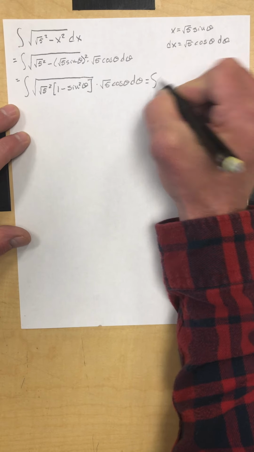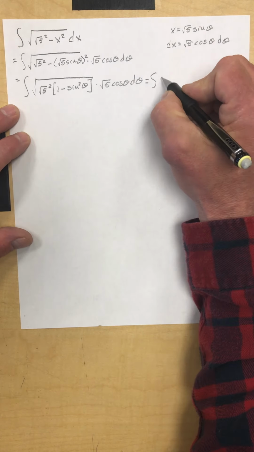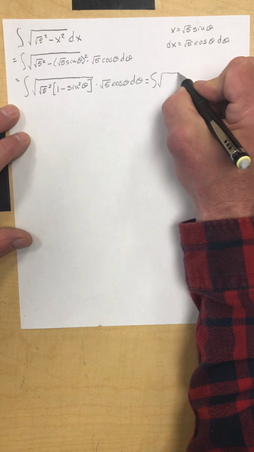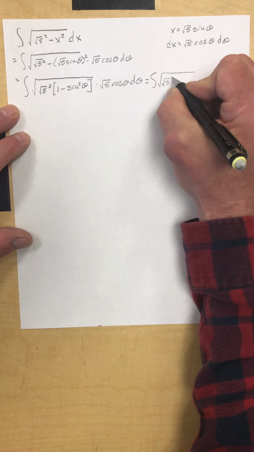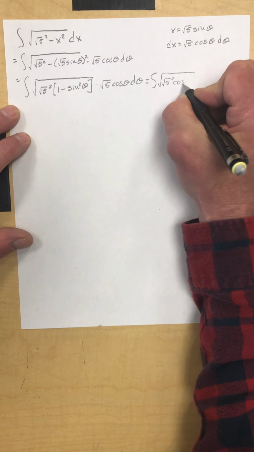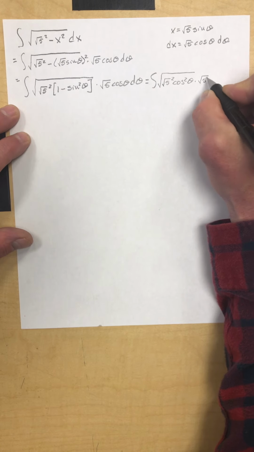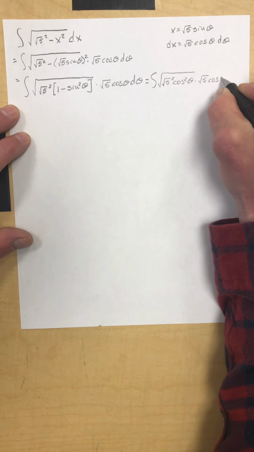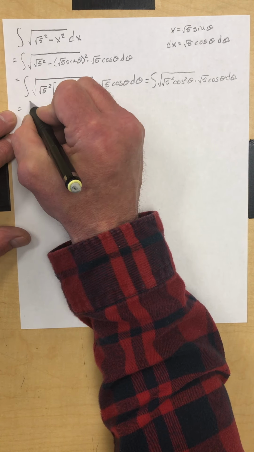Okay, let's see. Well, 1 minus sine squared is just cosine squared. So I get the square root of radical 5 squared times cosine squared theta times radical 5 cosine theta d theta.